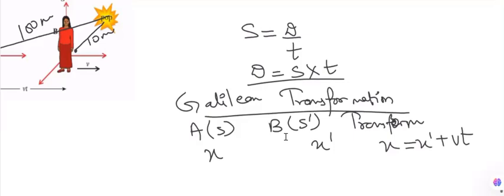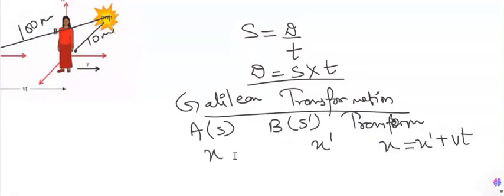Akshita. Am I audible? Your voice is not audible. Hello, ma'am. Can you hear me now? Yeah, now it's audible. Yeah, you are audible. Relax.